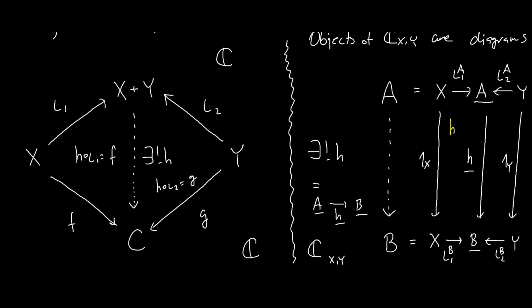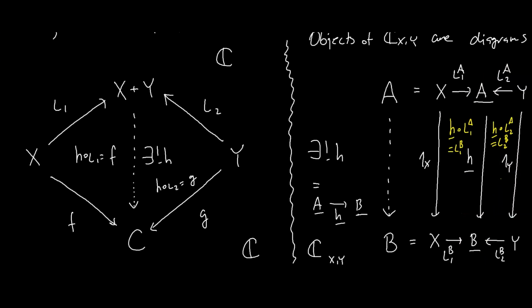In other words, making that composed with iota 1 equal the other iota 1, and composed with iota 2 equal the other iota 2. Since I've got identity morphisms here, that's what the commutativity of the diagram reduces to, right?